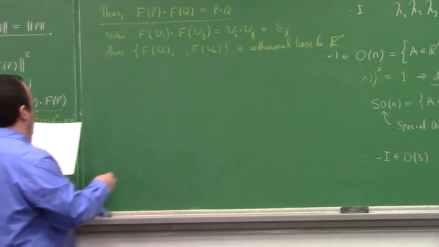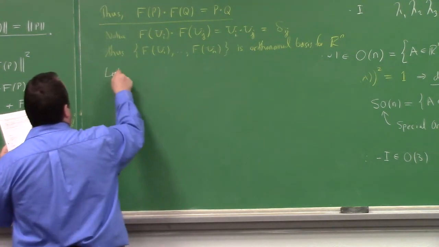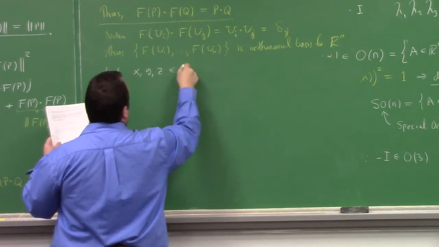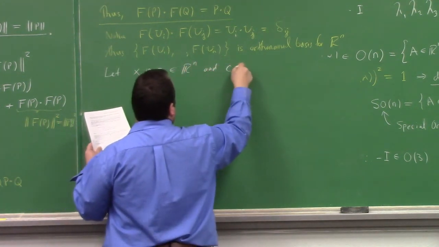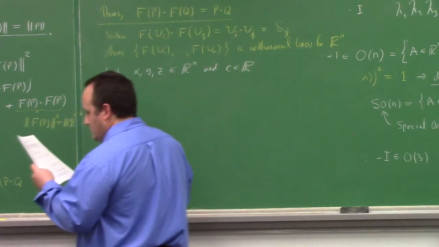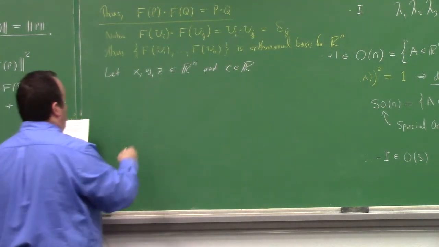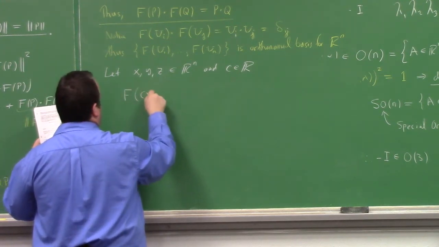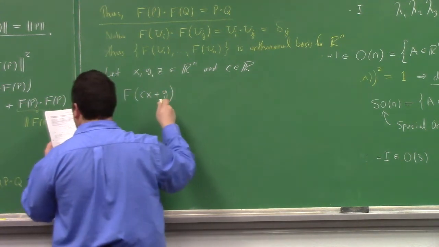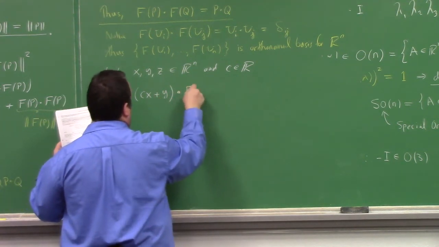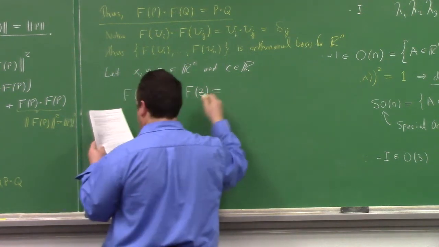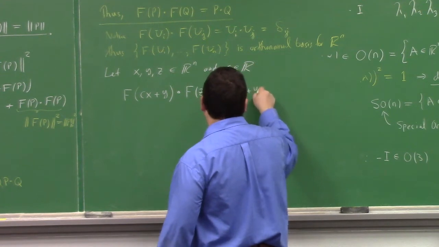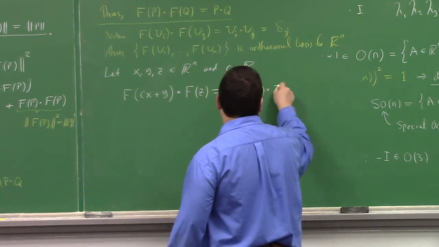Great. Now consider the following. Let x, y, z be in Rn and c a real number. All right. Then if we look at f of cx plus y dotted with f of z, what do we get? Well, we get cx plus y dotted with z, right?